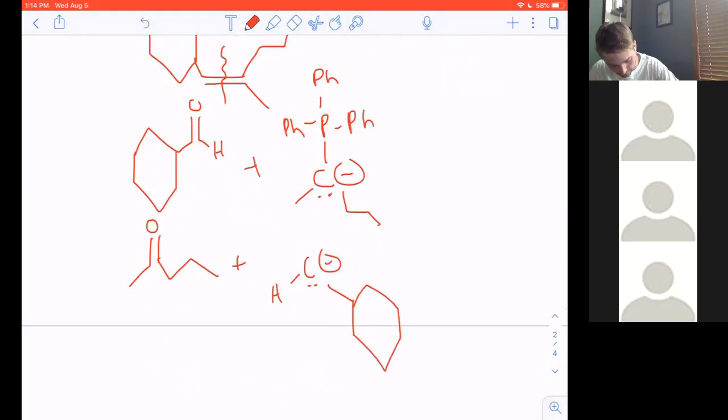And then this would be bonded to that phosphorus as well. I'm just going to write that as PH3 because I'm running out of room. But these are your two possibilities.